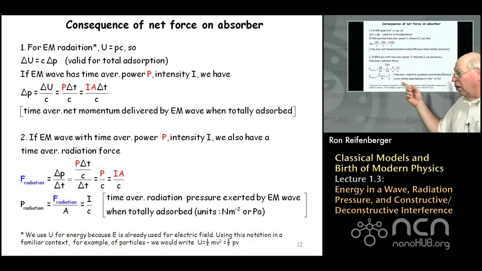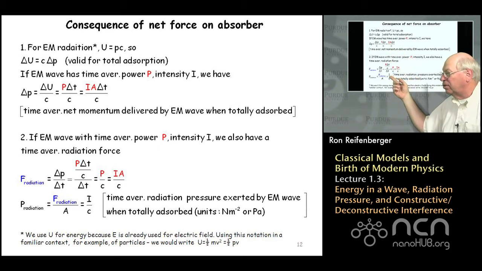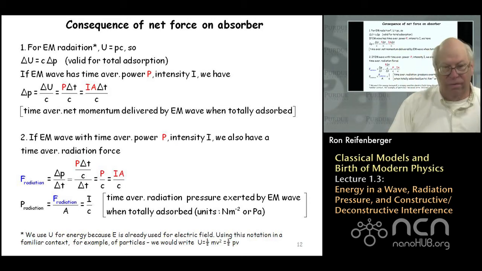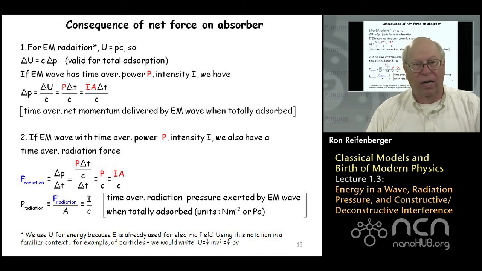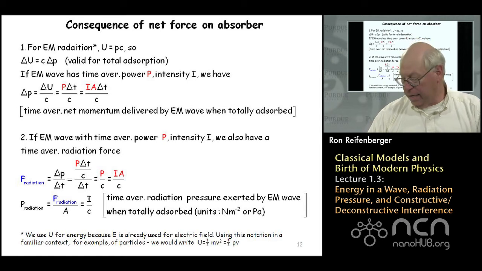So what I hope you see from this diagram is that this quantity I keeps popping up in all these definitions of forces and pressures, radiation pressures, that this electromagnetic radiation exerts on a solid object. And that's going to become important in the next lecture to understand that connection.